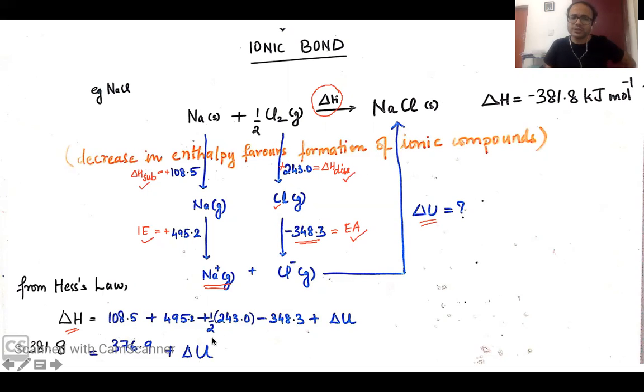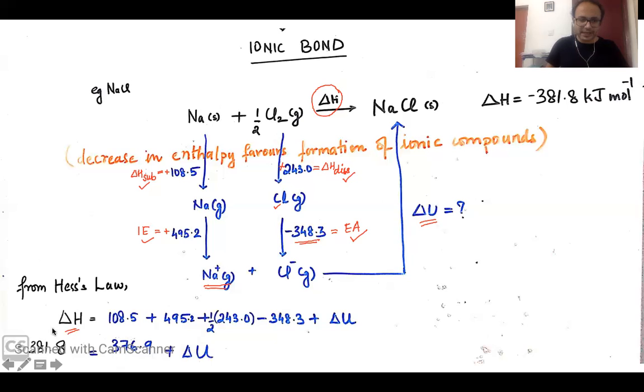Now, when I put these values here, since it's half of the chlorine, I have to divide it by 2, then minus 348 plus delta U. When I put all these values in and calculate, I get 376.9 kilojoule per mole plus delta U. Now, as you can see, this delta H value is highly negative.